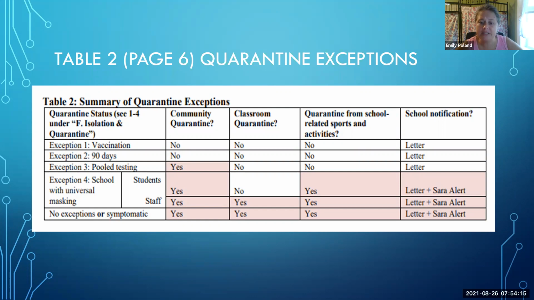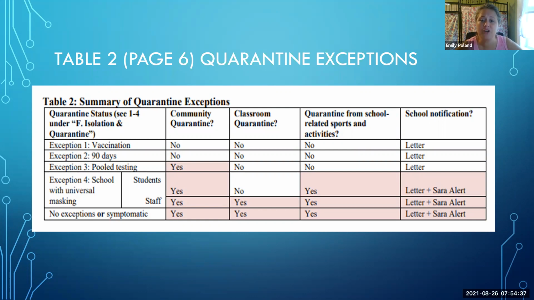If your pooled testing person is exposed from a community event, like at home through a family event, this exception does not apply to them. This is only for exposures that happen at school. So a school-related exposure. Now, a school-related exposure can be during football practice, for example.